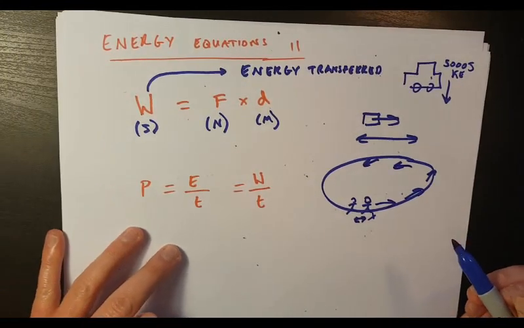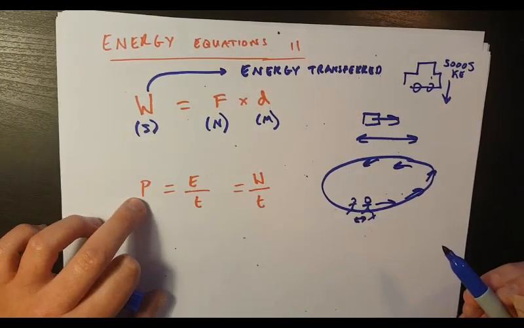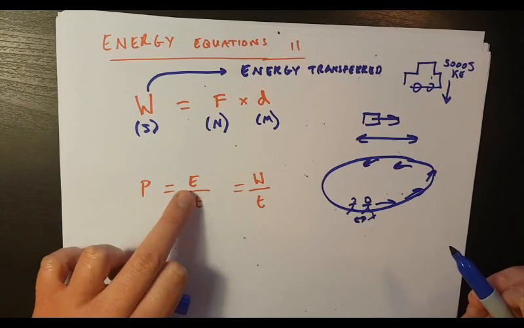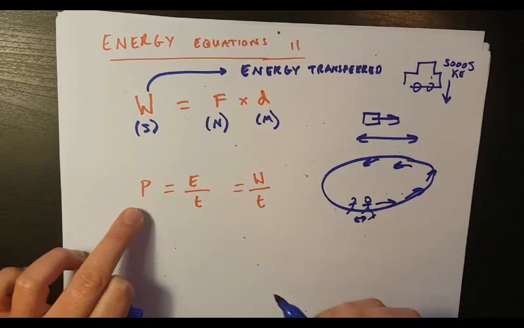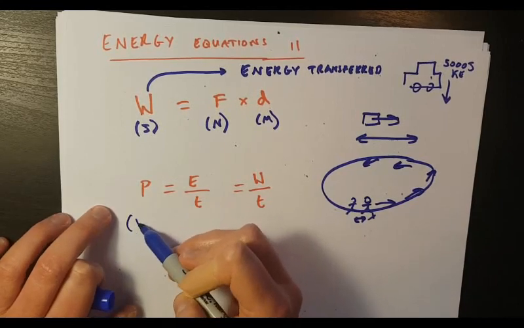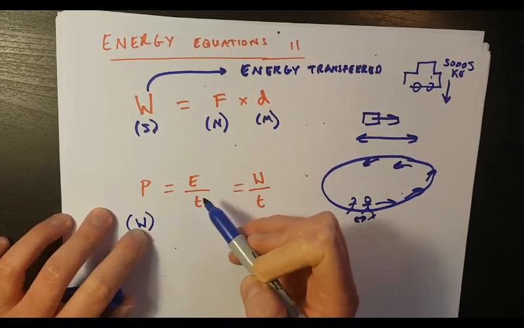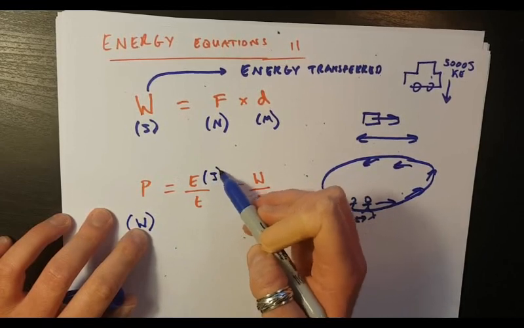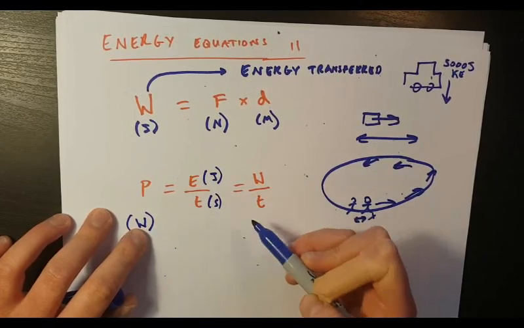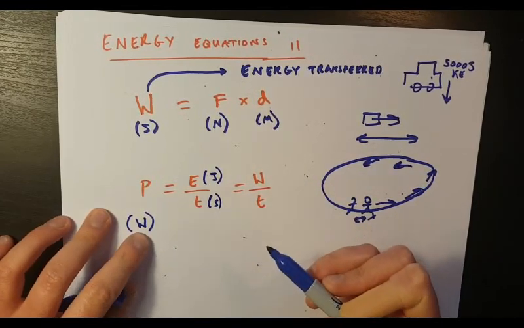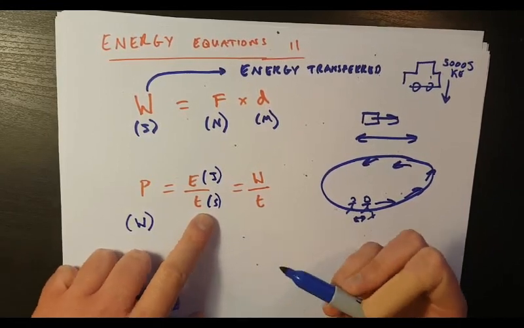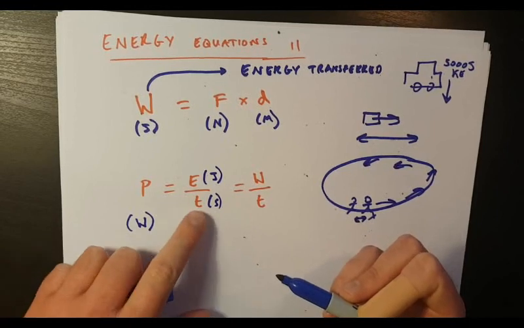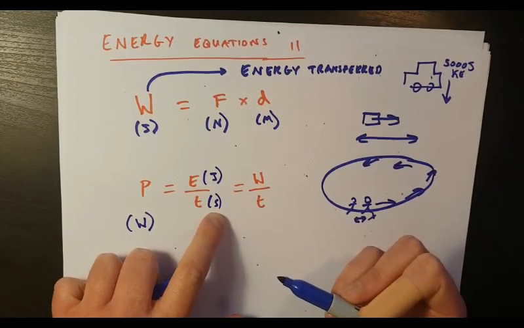So, next one would be power. Power is energy transferred divided by time. The unit is watts. Energy, we now know, is joules. Time is always in seconds for physics, always in seconds. Again, if they give it to you in minutes or hours, think about how many seconds are in a minute. If they've given it to you as 3 minutes, I need to convert that into seconds.